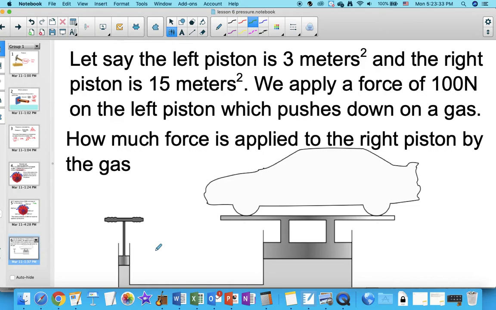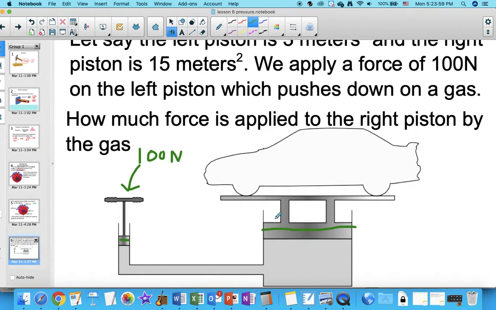So, let's say the left piston is 3 meters long in this example, and the second piston is 15 meters long. We apply a force of 100 newtons to lift this car. How much force is applied by the right piston, or applied onto by the gas in the right piston?